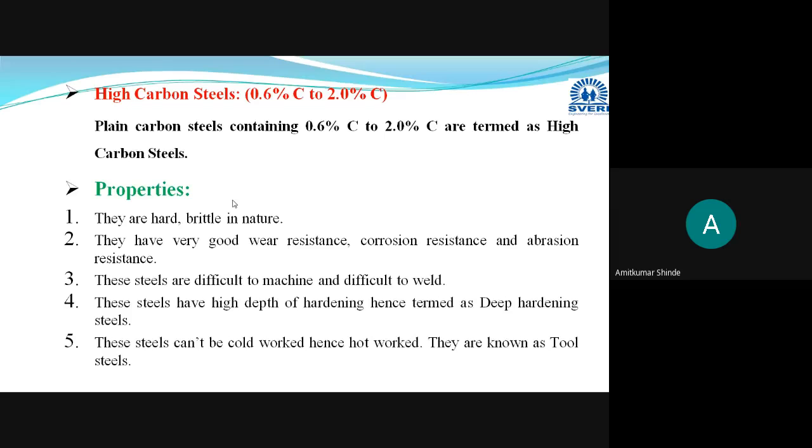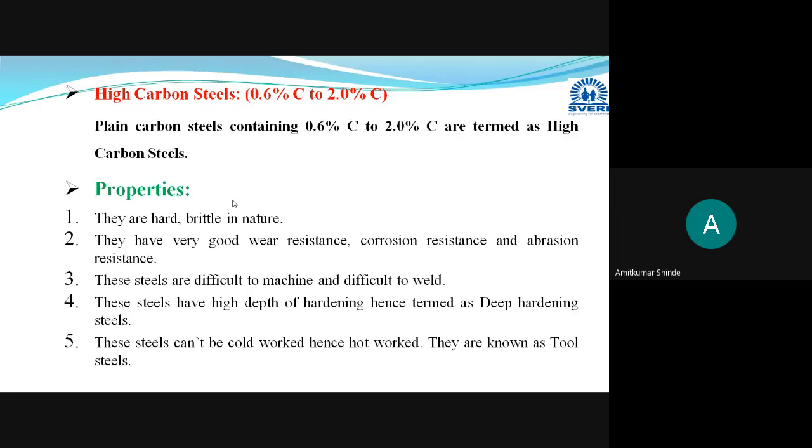In medium carbon steel, we can do the hardening with a medium amount, or a smaller depth of hardening can be achieved. That's why it is termed as shallow hardening steels. And in high carbon steel, we will be able to attain the desired depth of hardening. That's why it is termed as the deep hardening steels.